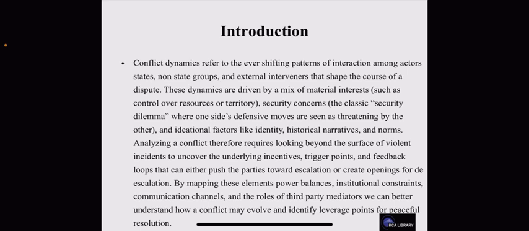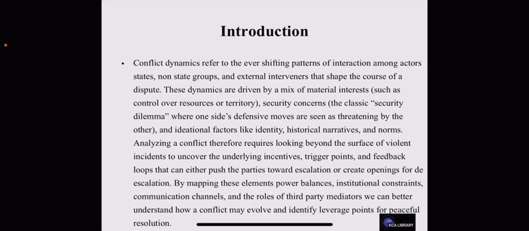It could also be security concerns. Under security concerns, we have the classic security dilemma, whereby one side's defensive moves are seen as threatening by the other, and additional factors like identity, historical narratives, and norms.